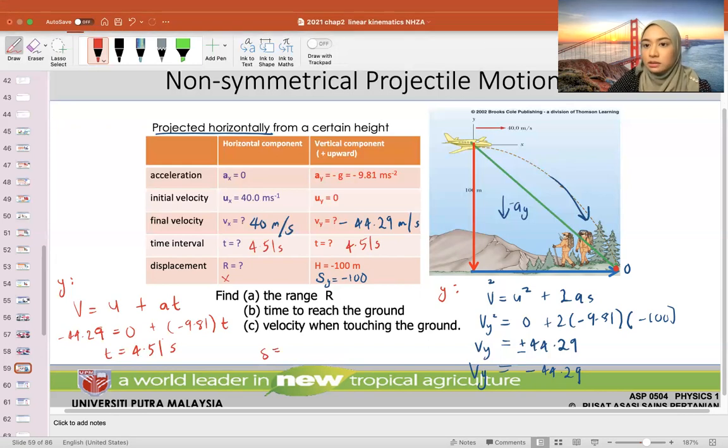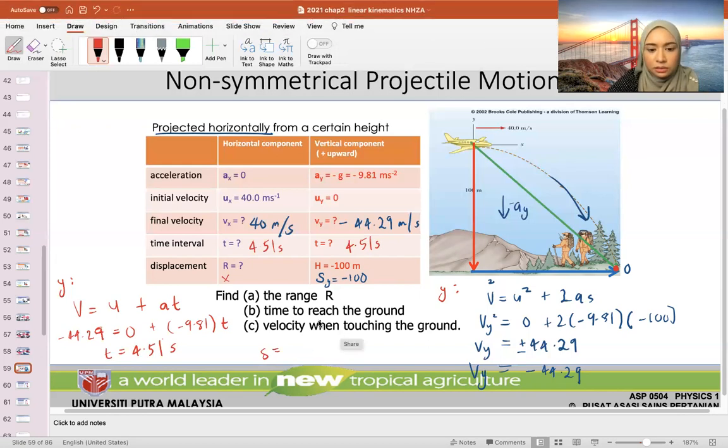Someone wrote in the chat: S equals to 1/2 (u plus v) times t. Okay, let's try that. And another one that I want to try is ut plus 1/2 at squared. Okay, I like this equation.